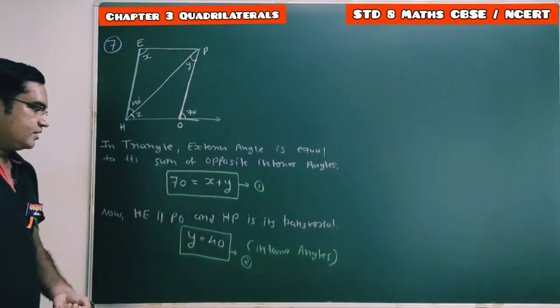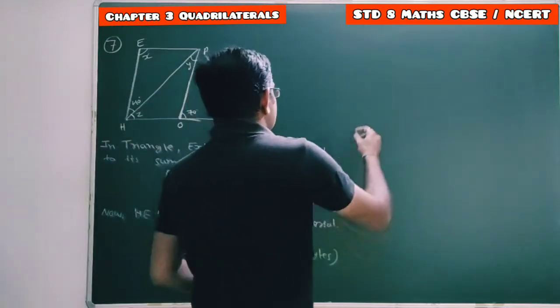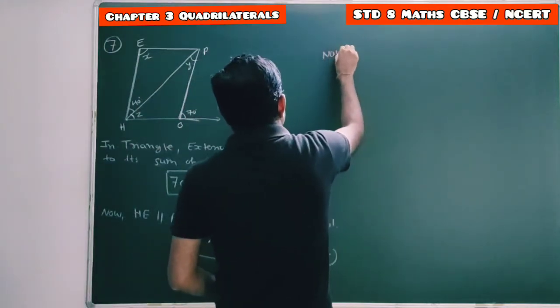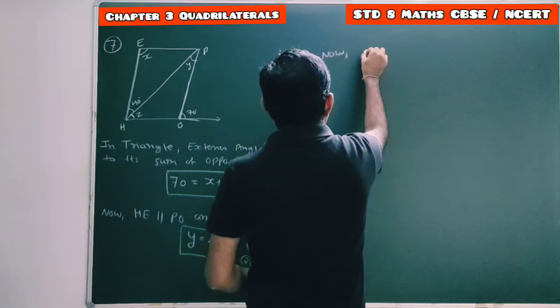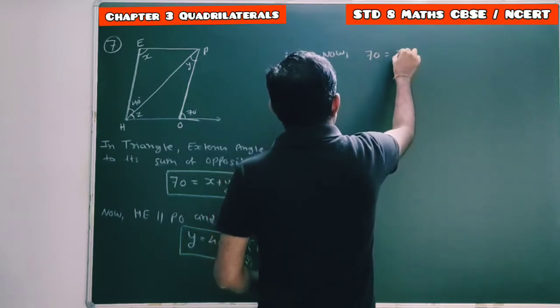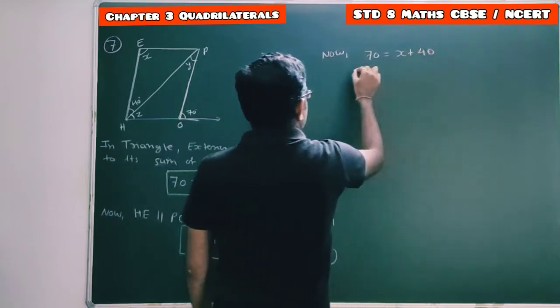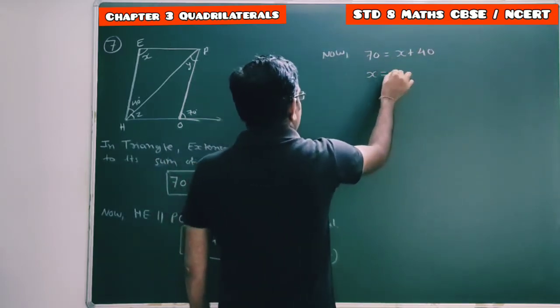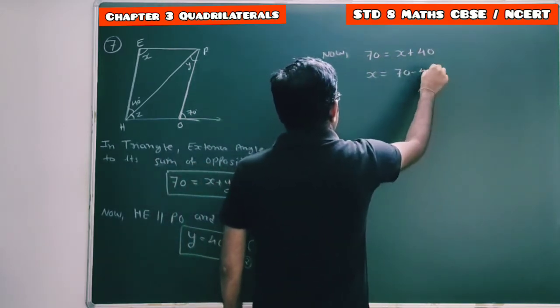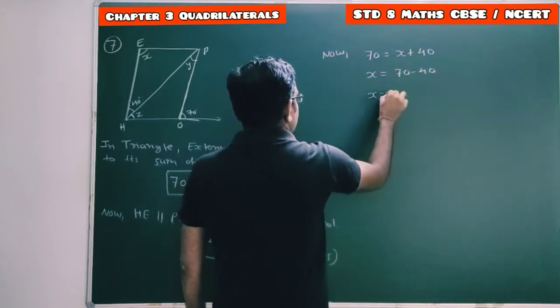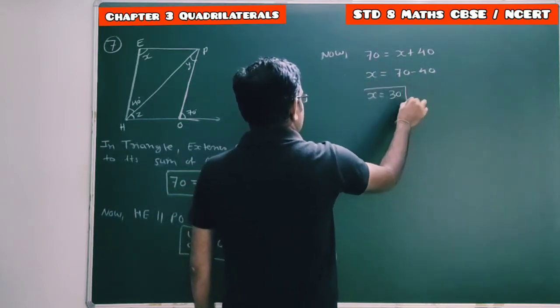So can we find the value of x? From result 1 and 2 we can say 70 is x plus y, and that y is 40, and therefore we get the value of x, which is 70 minus 40. So x is 30 degrees.